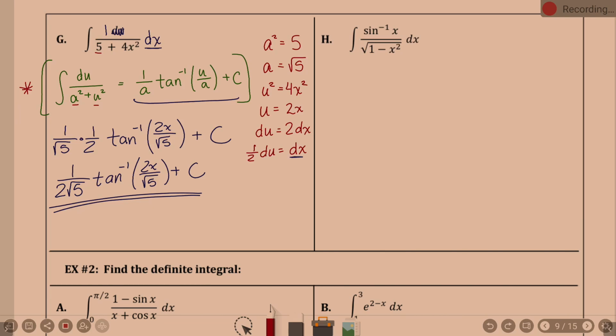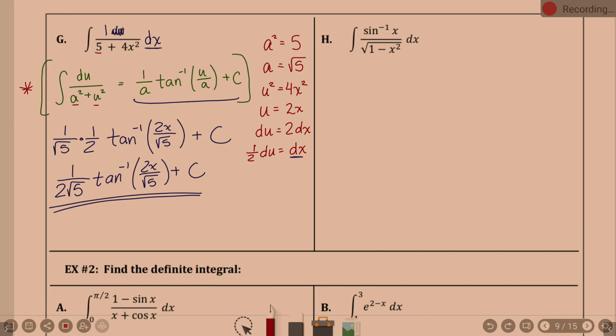The integral of sine inverse x over the square root of 1 minus x squared dx. Any thoughts of where to start? Any guesses, I should say? Remember, if you see something and also its derivative, that could be a good indicator of what you want to make u.